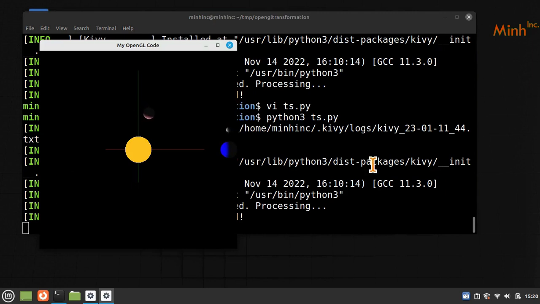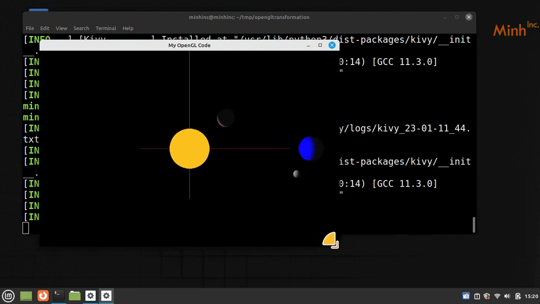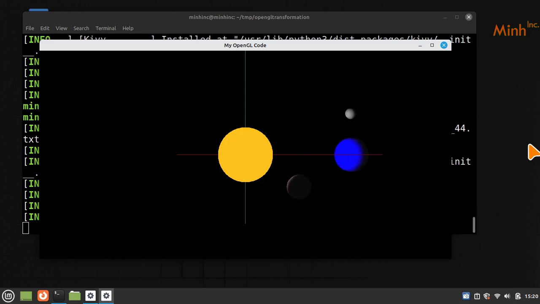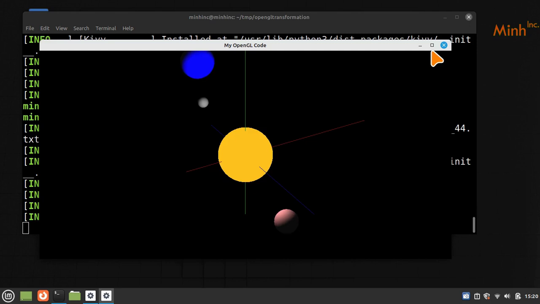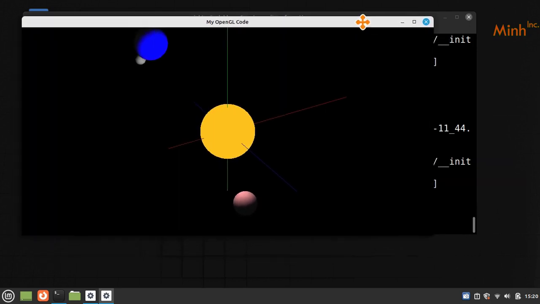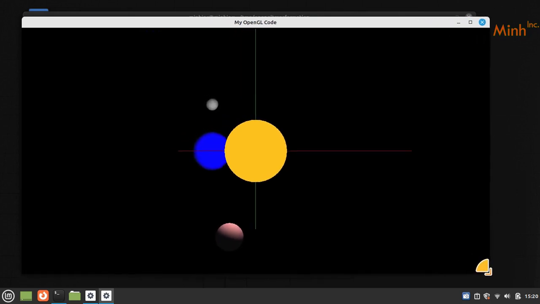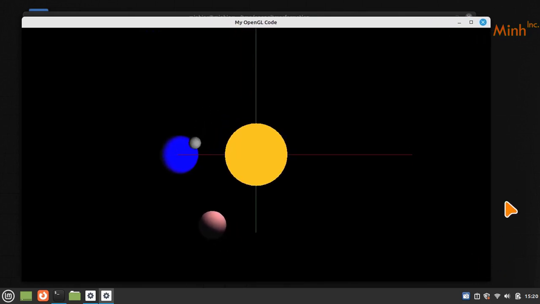Oh, it's working. Now we can see the lighting model. Earth only has light on the face that is facing the sun, otherwise there is no light. Okay.